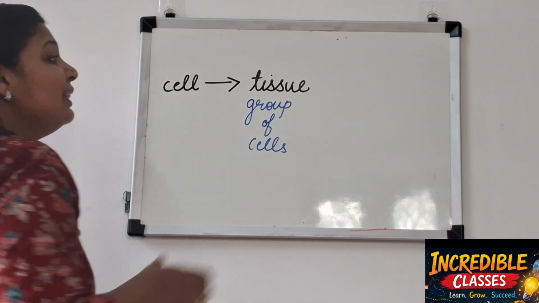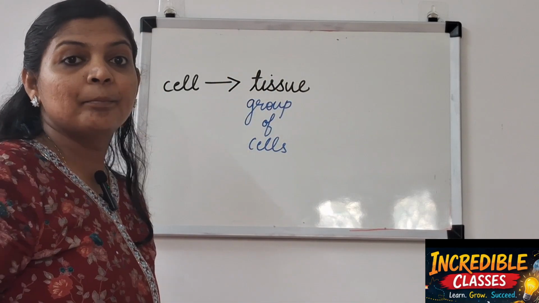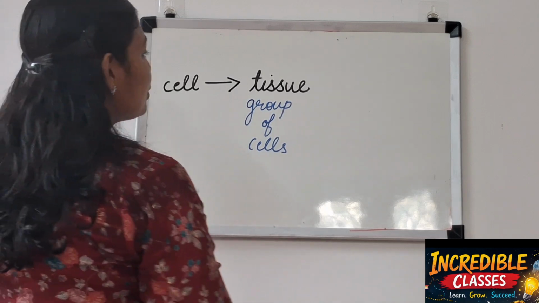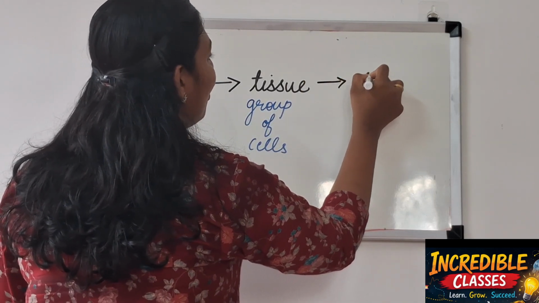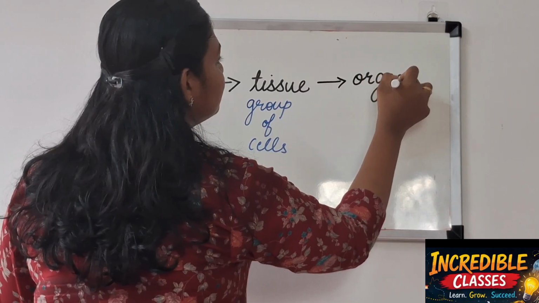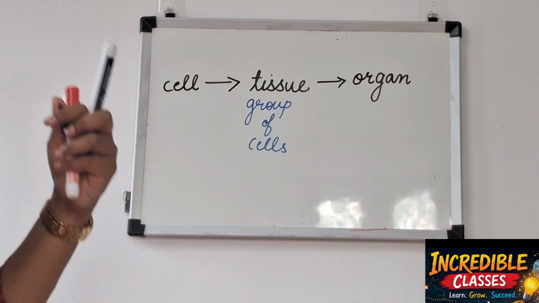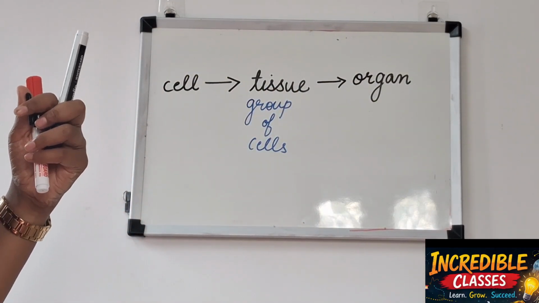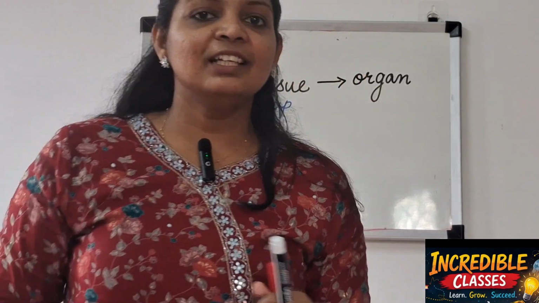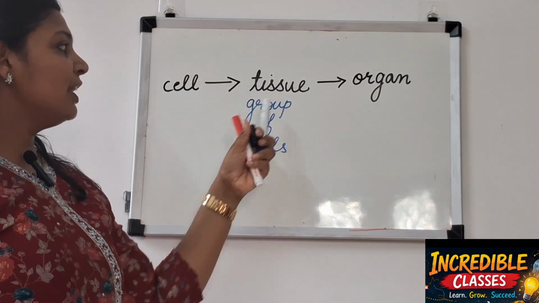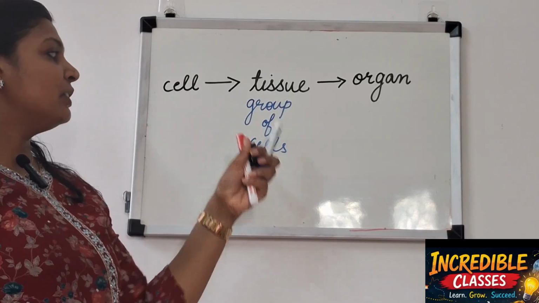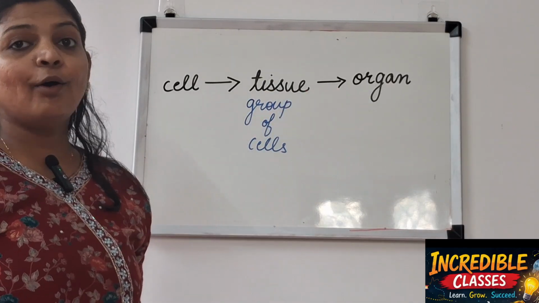Clear? When these tissues group up, we call them an organ. What did I tell you? Is it clear? When a group of cells arrange, we call it a tissue, and when tissues group up, we call it an organ.